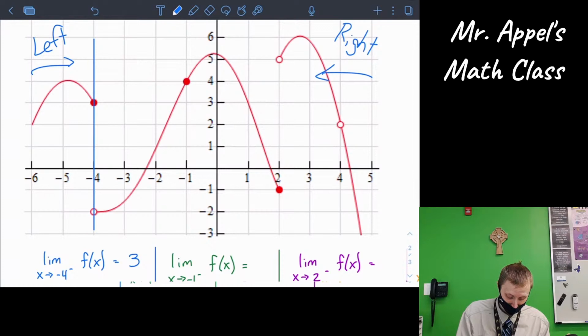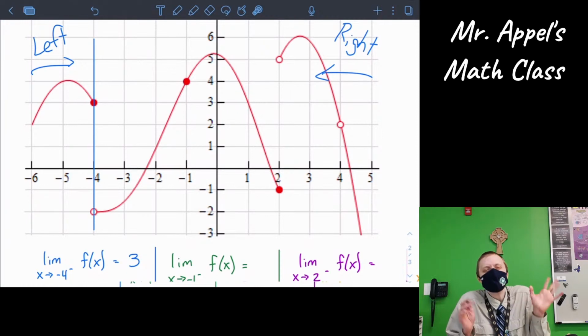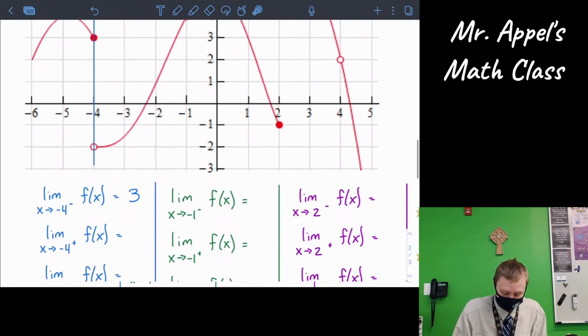There we go. Okay? So as soon as the graph touches that line, boop, there I am. I'm approaching -4. Does it matter that this is an open circle? Not for limits. Limits are about what you are getting really close to. It's close enough. And this value then is -2. So from that side, it's -2.